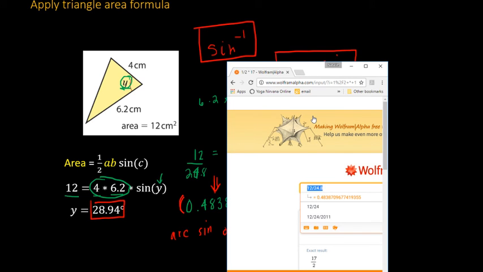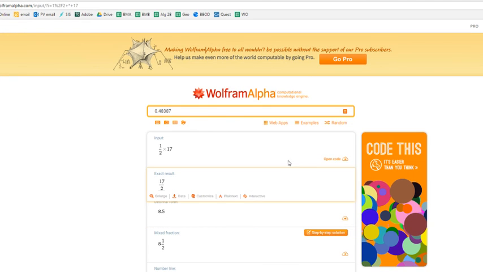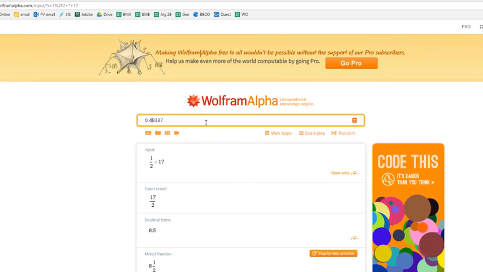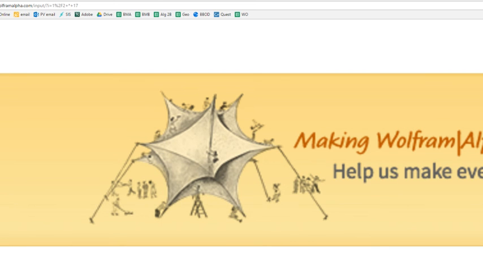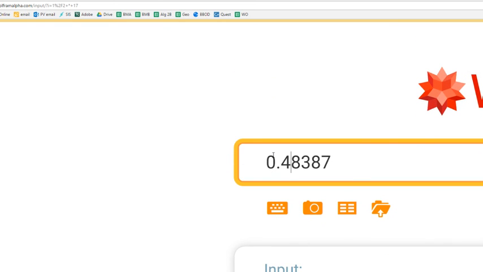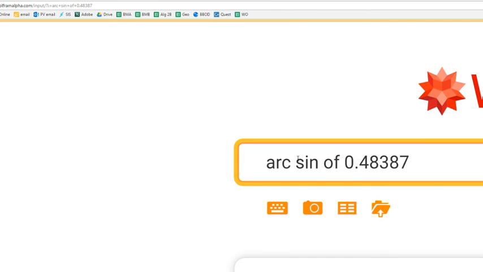So we're looking for 0.48387. Let me enlarge this. For example, if I'm on Wolfram Alpha and I want to find the arc sine of this, I can actually just type in arc sine of 0.48387 and hit enter.